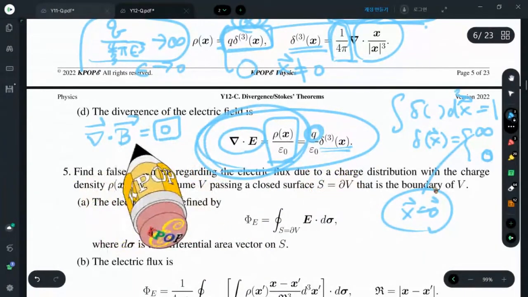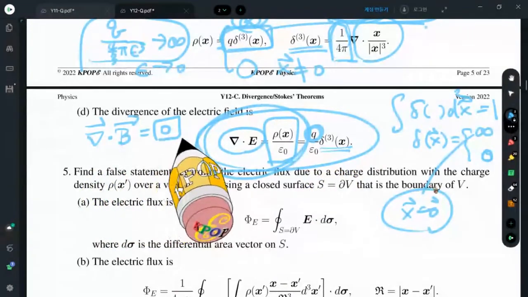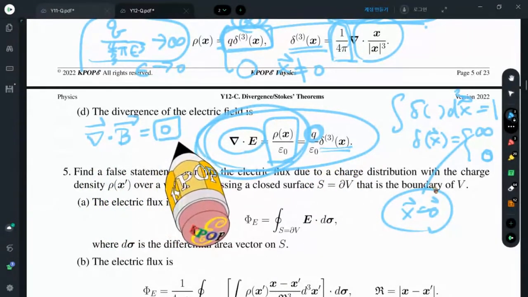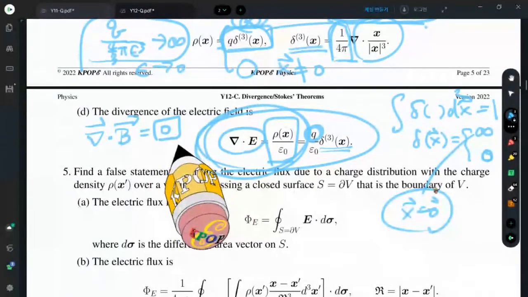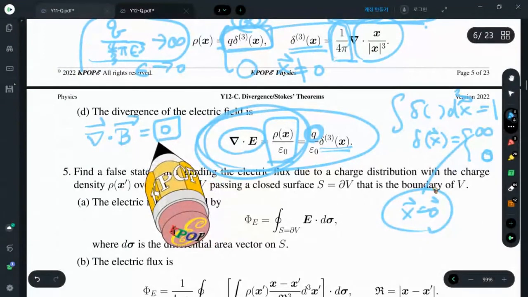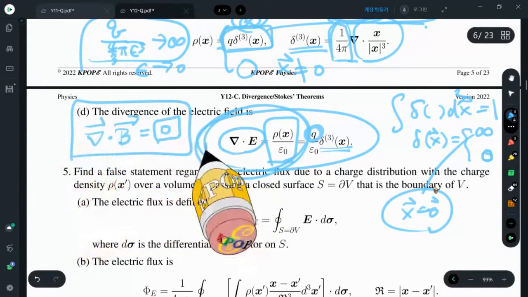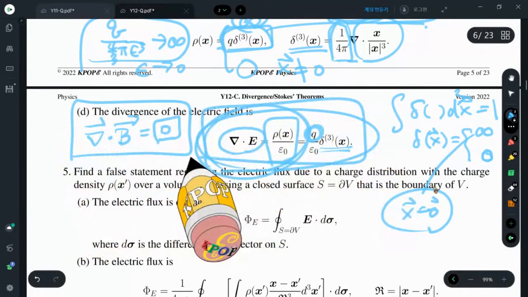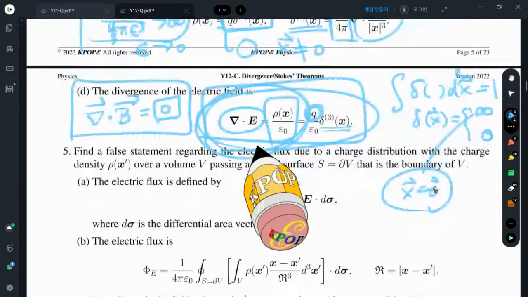The answer for the divergence of the magnetic field should be the magnetic monopole, but nobody has found the magnetic monopole. Magnetic monopoles do not exist in nature, as far as we know. So it is exactly zero. We have learned two important Maxwell's equations, for the electric and magnetic field.